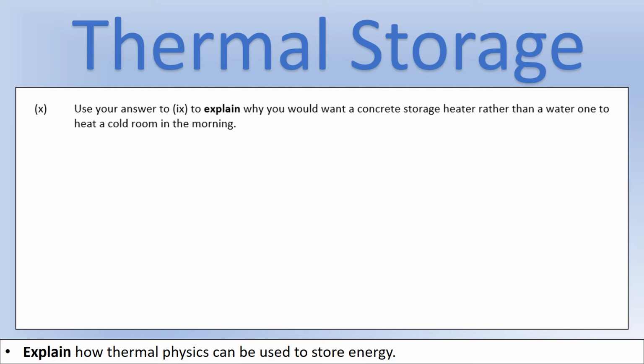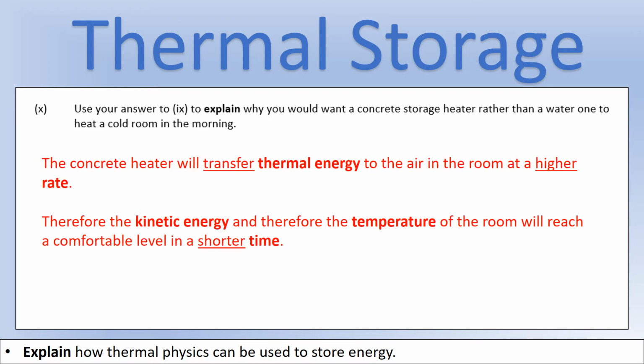Okay, so let's take a look. We saw previously that concrete has a higher thermal conductivity than water, at least in that example. What that means is the concrete heater will transfer thermal energy to the air in the room at a higher rate, or it will transfer more energy per second.